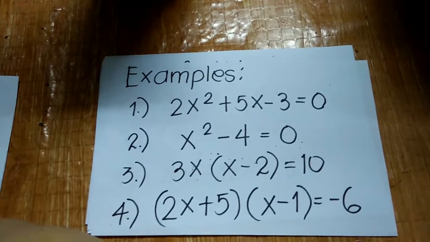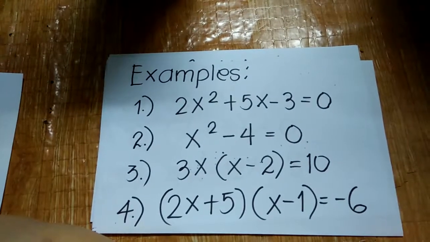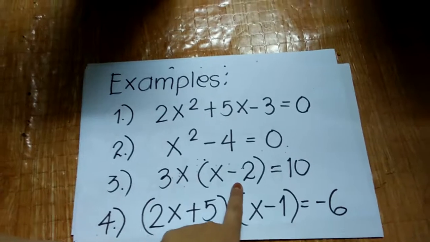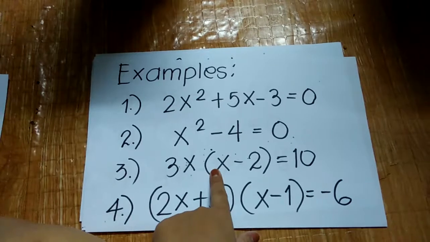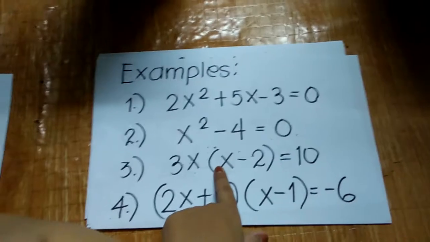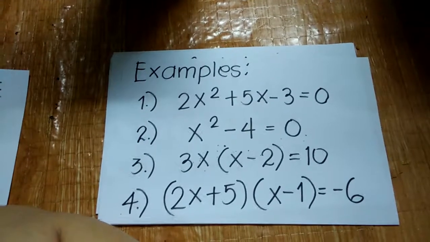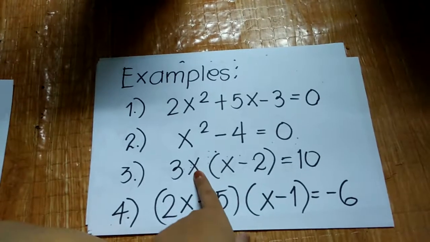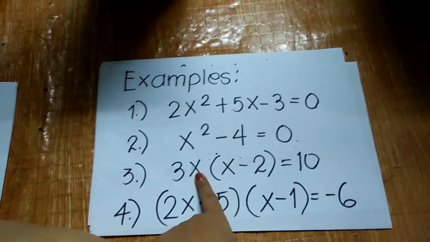Next, number 3. 3x times the quantity of x minus 2 is equals to 10. So marahil, tatanungin nyo sa akin, ma'am, wala naman pong 2 na exponent dito. Tama kayo. Wala siyang nakalagay na squared or raised to 2. But, if you're going to simplify this, magiging x squared siya.